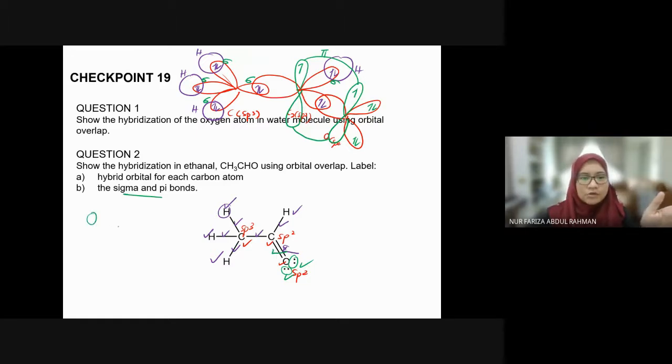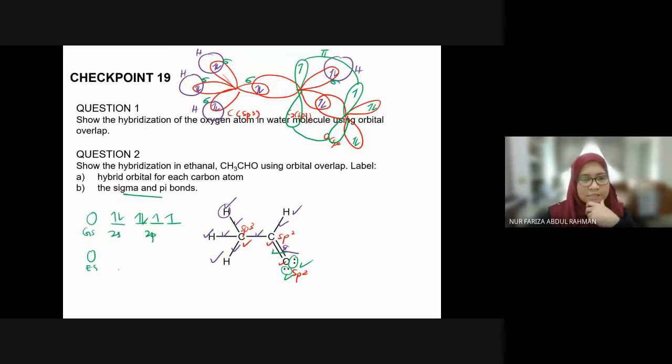Okay, oxygen ground state: 2S and 2P, group 16, right? And then the excited state. This is the ground state. Oxygen excited state.